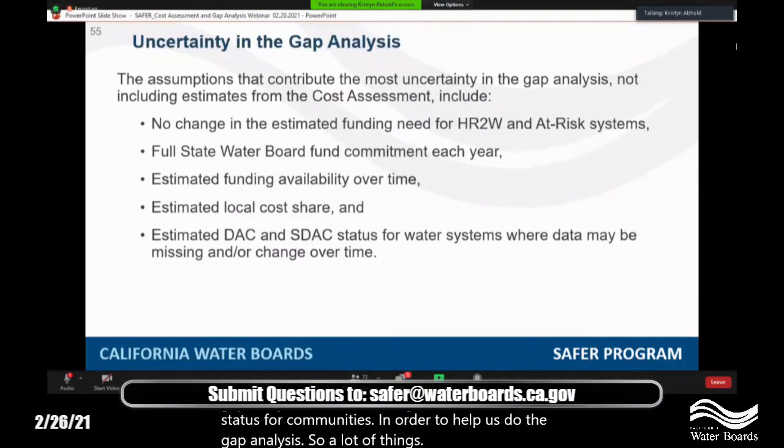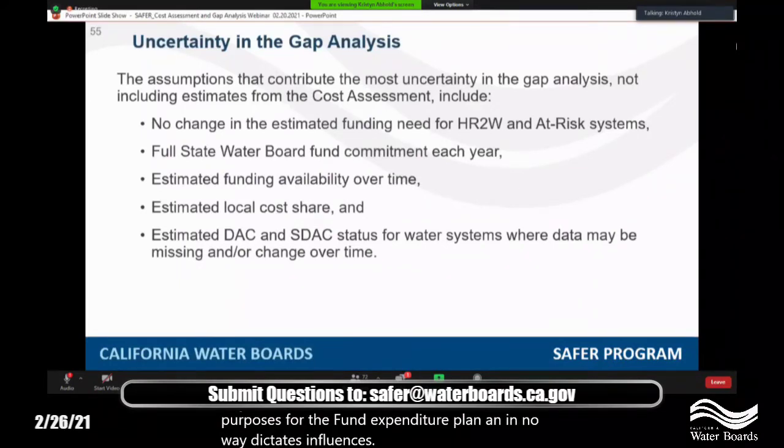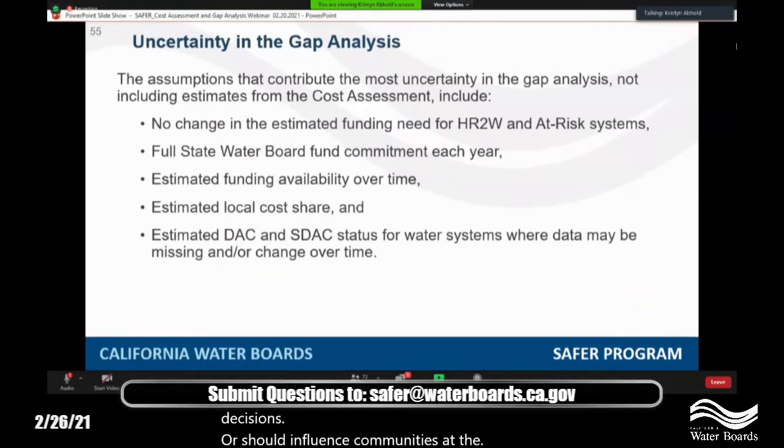Again, really want to emphasize that the full cost assessment model and the results of the gap analysis are really only for budgetary purposes for the fund expenditure plan, and in no way dictate, influence, or will be guiding any decision making at the water board around funding decisions, or should influence communities at the local level around what solutions are best for those communities. And we try to stress that in all of our papers and presentations, and I figured it's worth mentioning again.